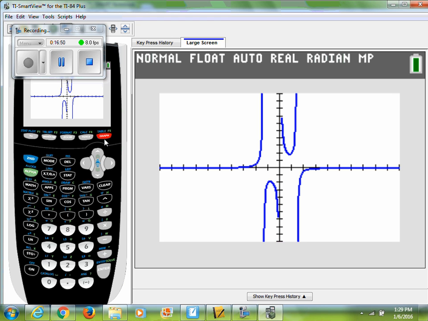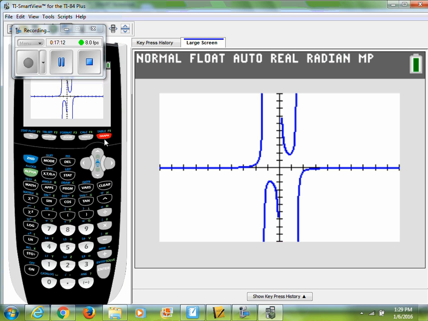Okay, so I can see that my graph goes on forever and ever to the left, and goes on forever and ever to the right. My only question is right here, I have a vertical asymptote at x equals 0, and so I can see that my graph does not ever cross x equals 0.